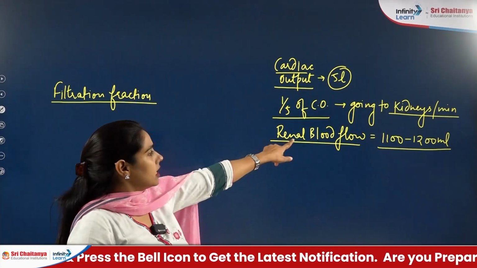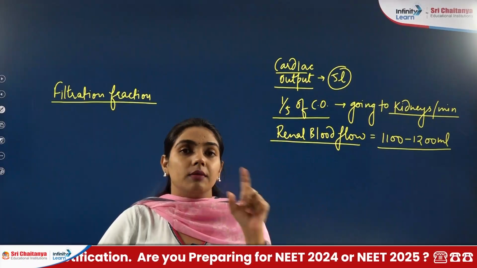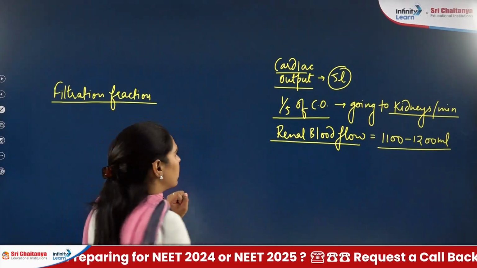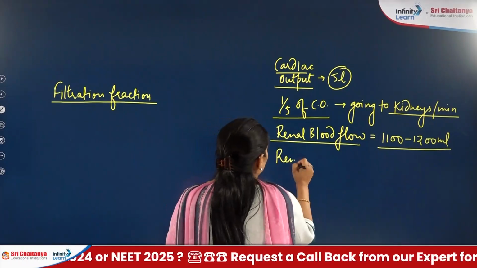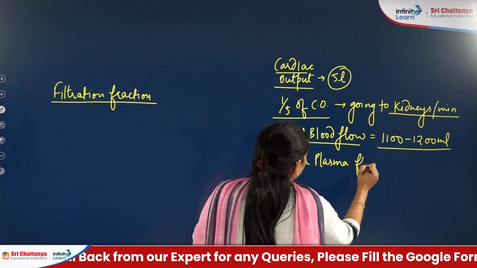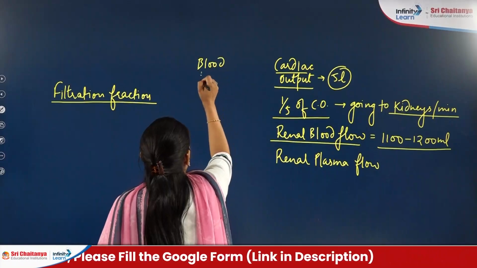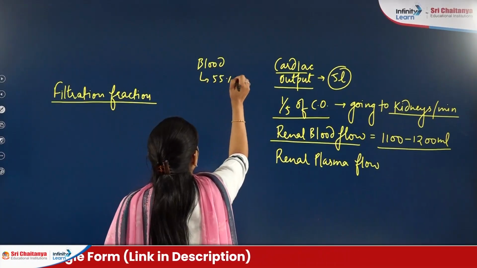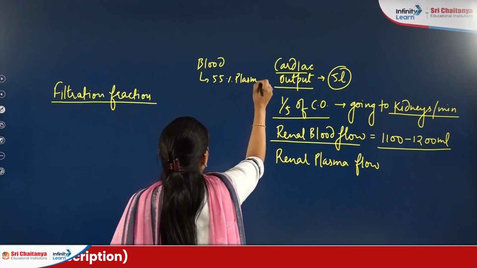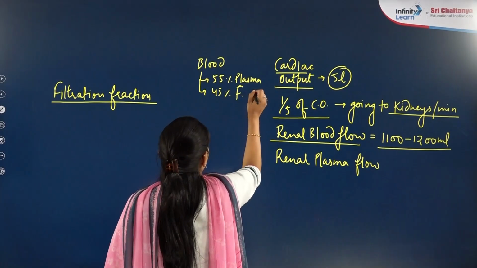Now from this renal blood flow, from this blood, what is getting filtered? Plasma is getting filtered. So what is renal plasma flow? If you know, in the blood there is 55% plasma and the rest, 45%, is formed elements.